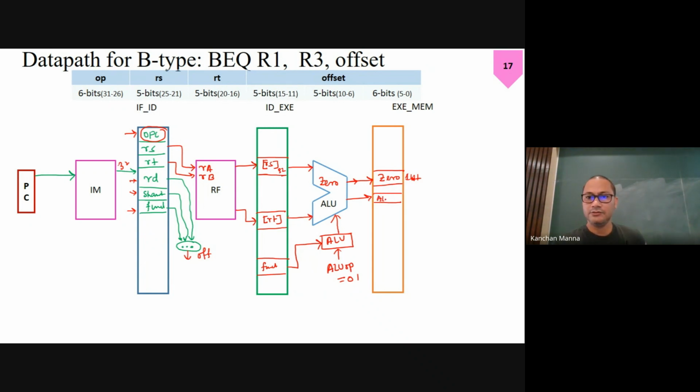ALU out. Got it? Now we have to calculate the branch address. Now how can we calculate that?